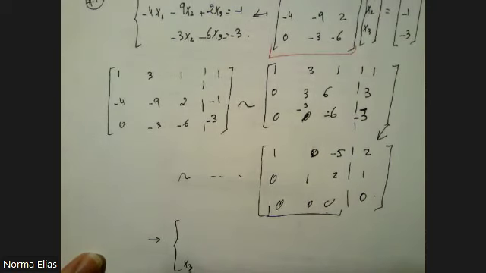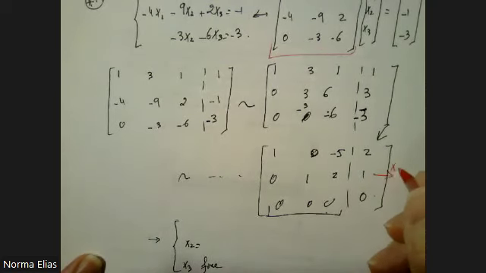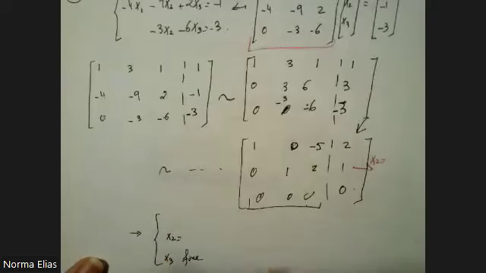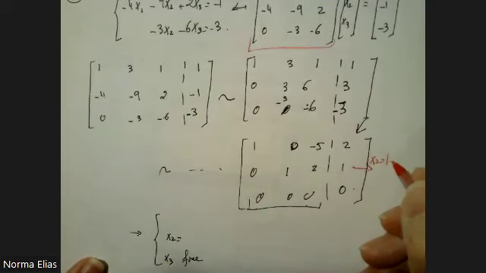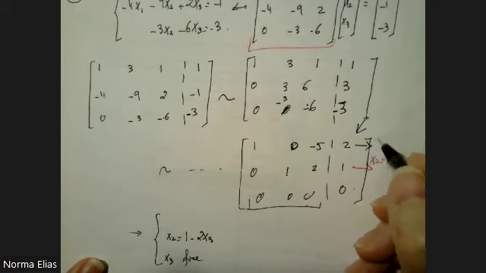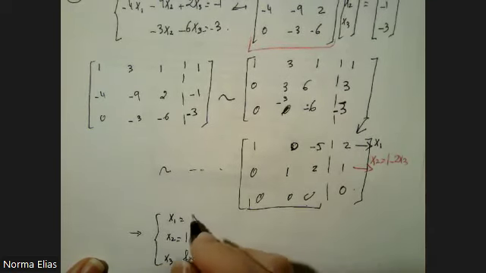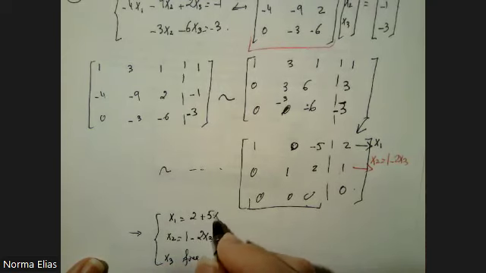So x3 is going to be free in both situations. What about x2? This row would tell me that x2 is 1 minus 2x3. So x2 will be 1 minus 2x3. x1 is going to be 2 plus 5x3.